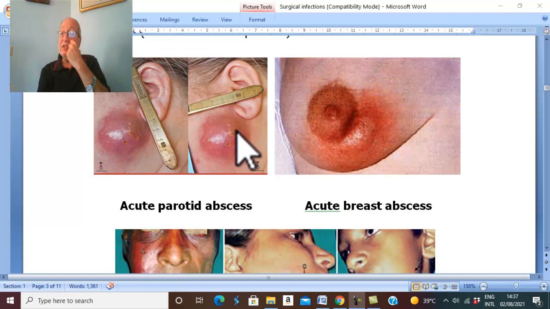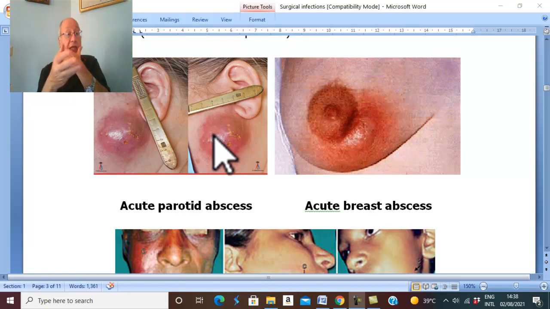Deep incision in the parotid gland should be transverse, parallel to the branches of the facial nerve. We took parotid abscess before, and we know that we divide the skin only vertically. But in the depths, we should open the abscess horizontally to avoid injury to the branches of the facial nerve.